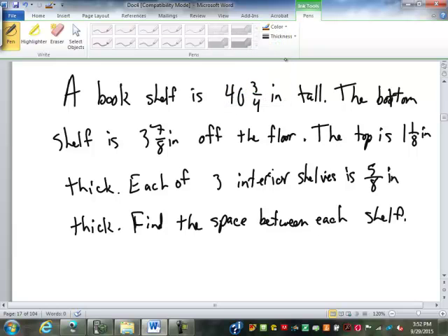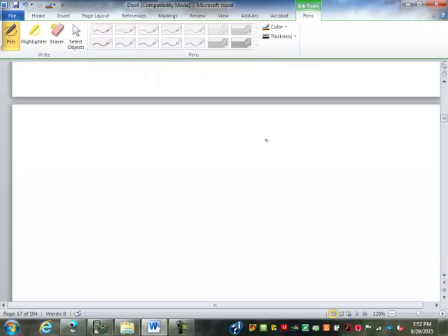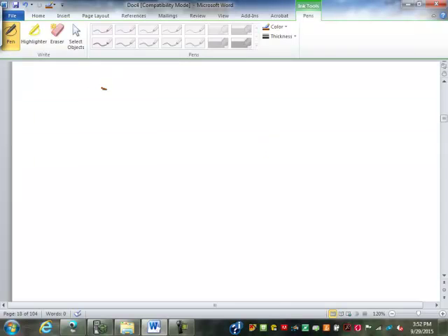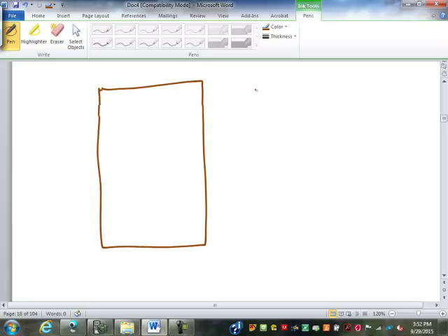Like I said, almost impossible to do this one without a picture. So let's draw a picture of it. Here's our bookshelf. We are told it was 40 3/4 inches tall.